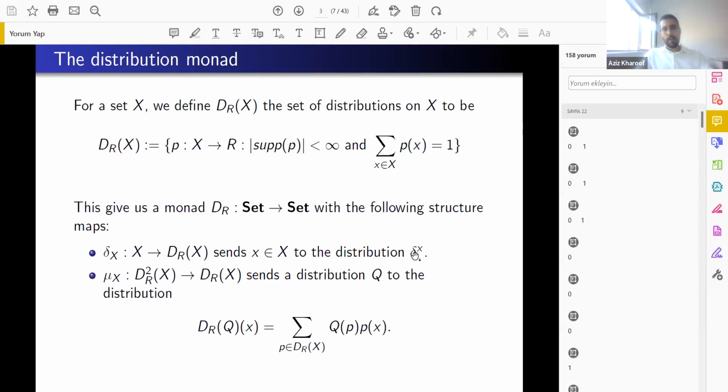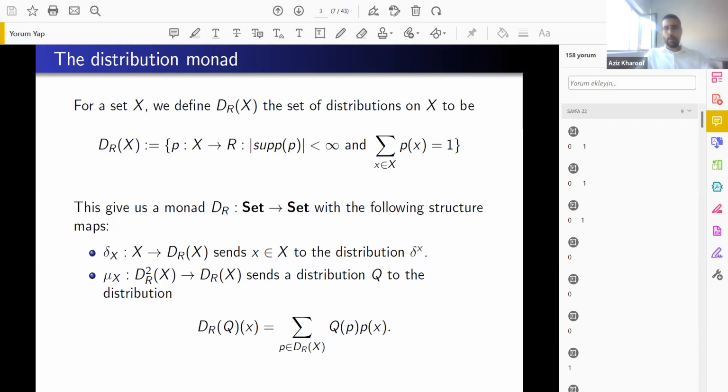And the multiplication of the monad, one can imagine how it works. If I have a distribution on distributions of X, then we can do this average and get a distribution on X. So these are known things.